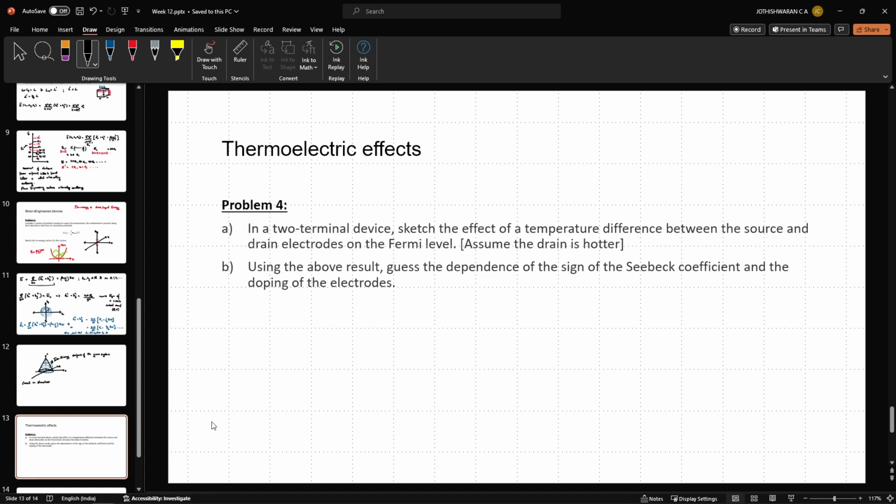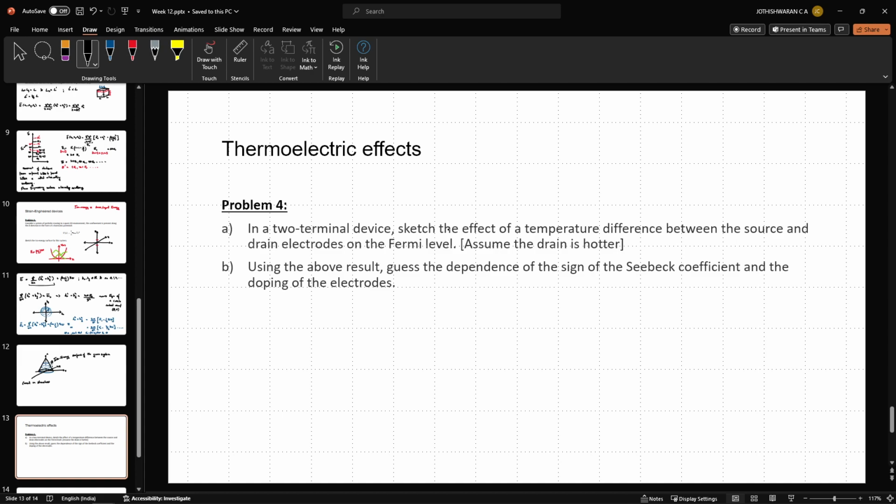We come to our second last topic of today's discussion, that is thermoelectric effects. Again, rather than go through the formulae and the derivations, which are actually done in significant detail in the lectures, I will revise that through a problem.